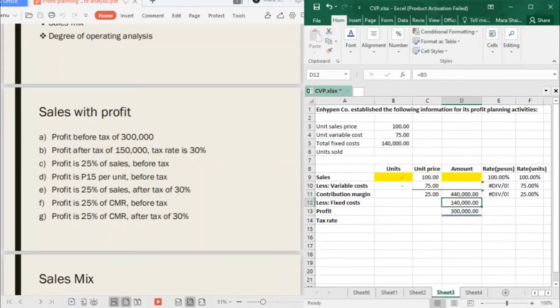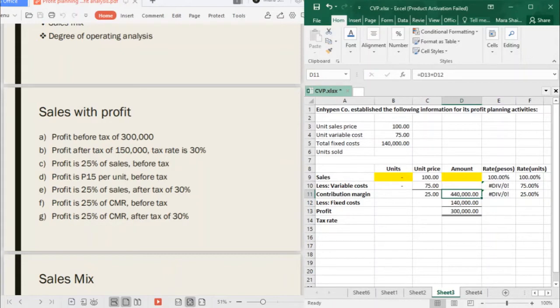So, you have a profit already of 440,000. So, no, not profit. You have a contribution margin of 440,000.